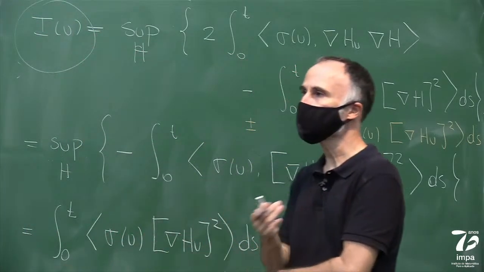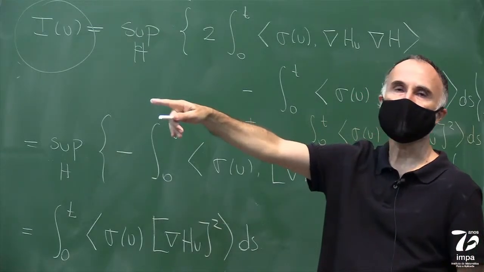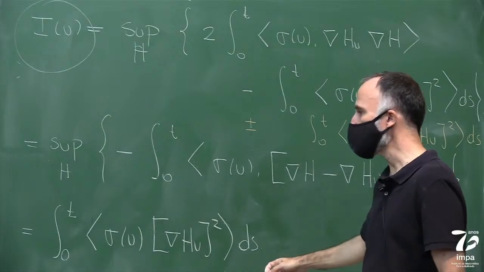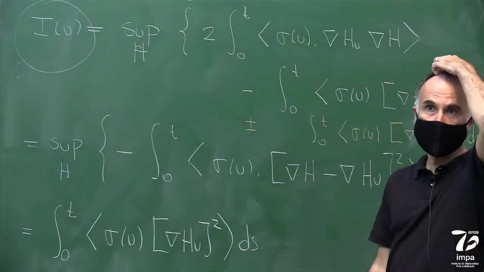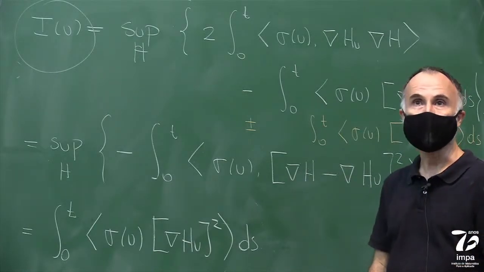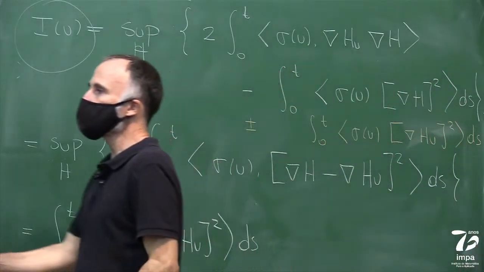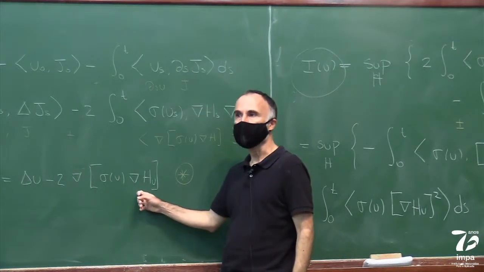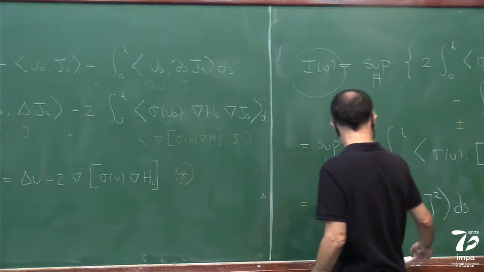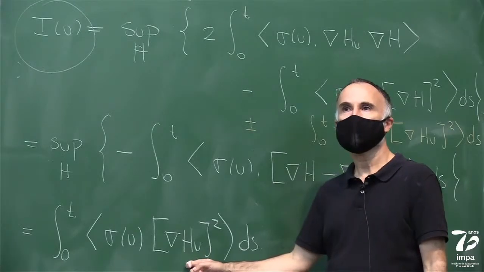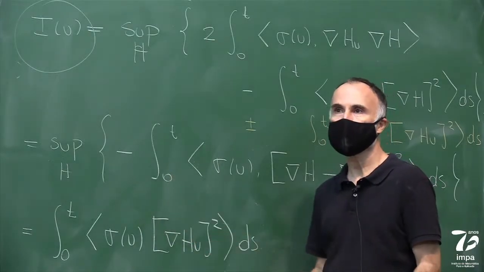The one I gave you, in which you just replace h by h of u in that expression. And here is another formula for I. How do you get it? Well, I give you u. You solve this equation. You get h of u. You plug h of u here, and you have your formula for I.